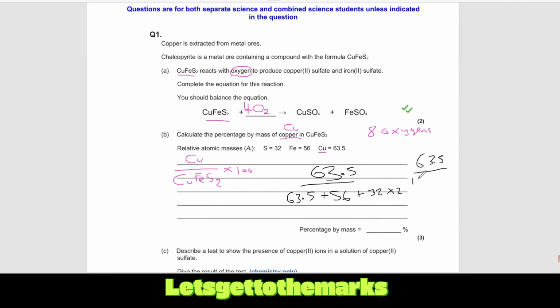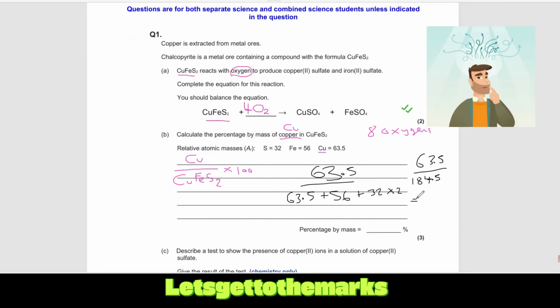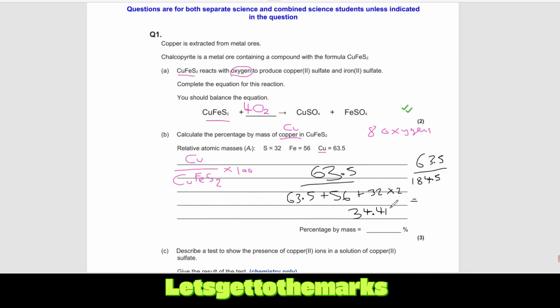We're going to get 63.5 over 184.5. Hopefully that is right. Let's put that in the calculator and see what we get. 63.5 divided by 184.5, times 100, hopefully that's right, 34.417. I'm just going to double check that I've done this right, because I added that up a little bit quick in my head.